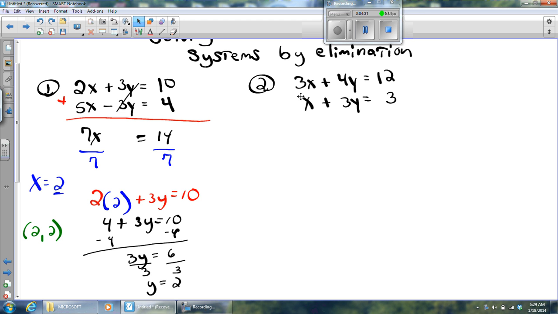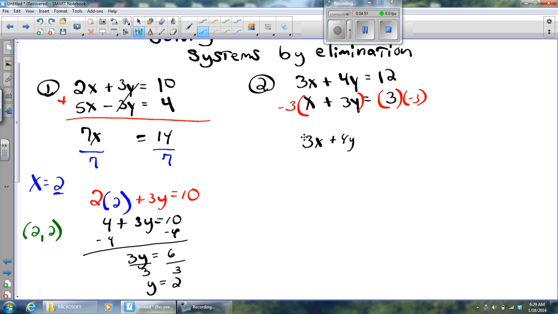But what would happen if I multiplied the second equation by negative 3, and I multiply the 3 by negative 3? When I do this, I'm going to get 3x plus 4y equals 12. And then my second equation becomes negative 3x minus 9y, and that's going to equal negative 9.